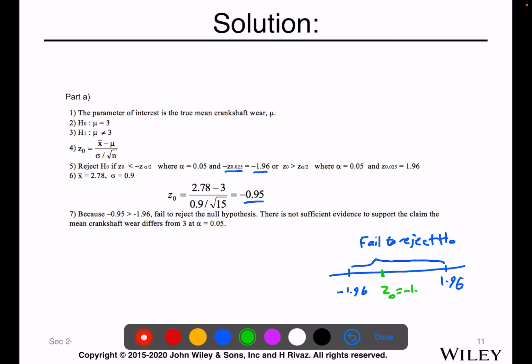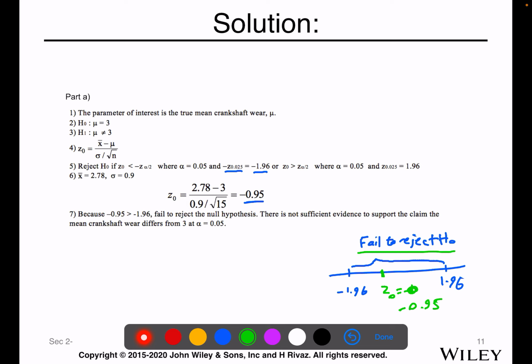I'm sorry, minus 0.95, right? So because it's in this range, we fail to reject H0, right?